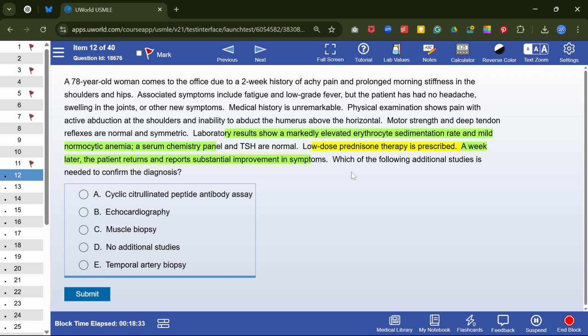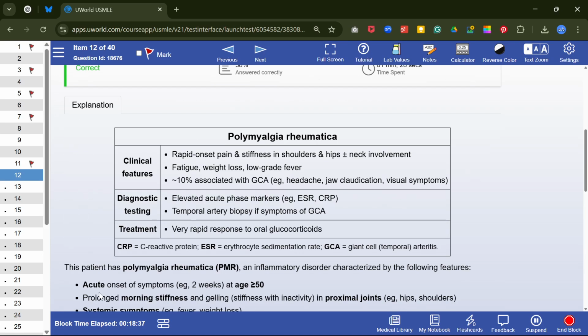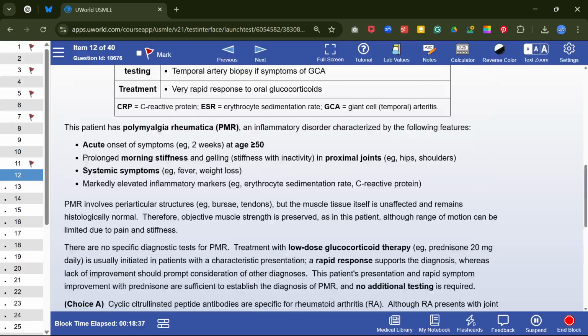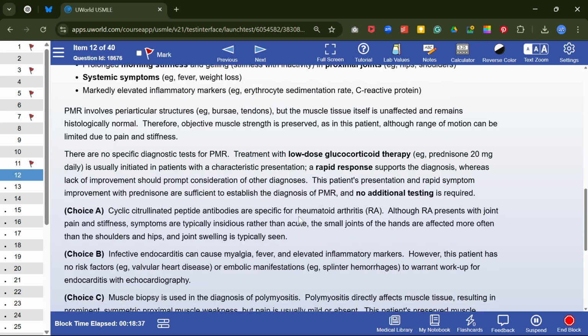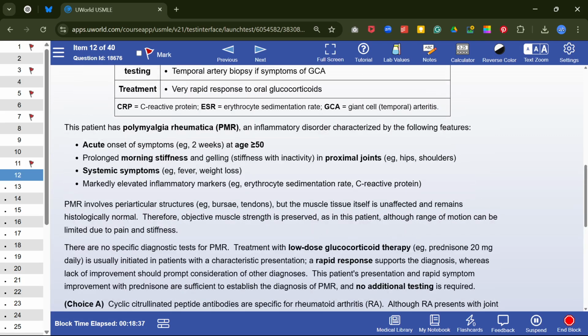So low dose prednisolone is given in PMR, so we do not need to do any tests. Temporal artery biopsy is for giant cell arteritis, where high dose glucocorticoid is used.